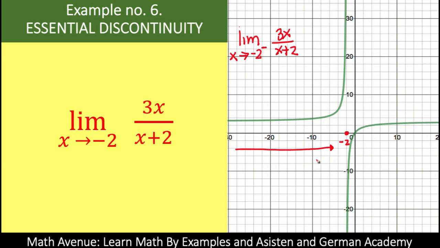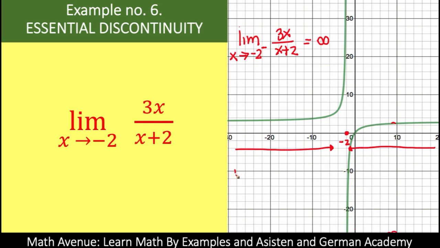What is the y value as we get closer and closer to negative 2? So the y value here is positive infinity. On the other hand, if we approach from the right going to negative 2, what is the y value? The y values are these points, and that's going to negative infinity.